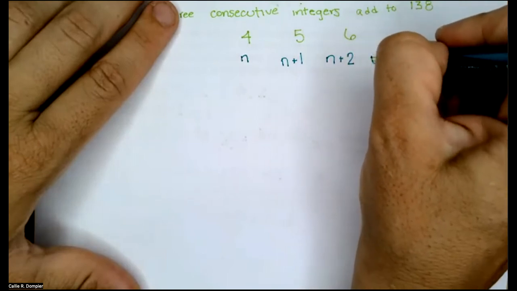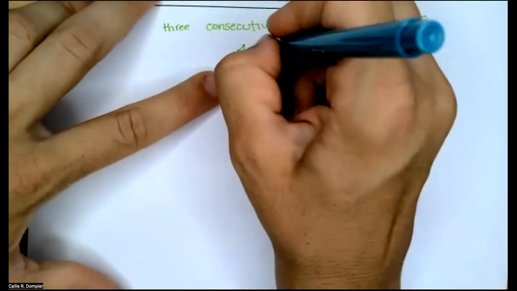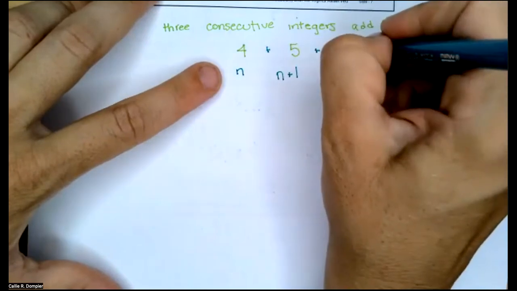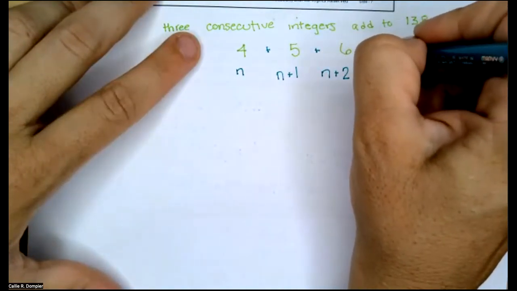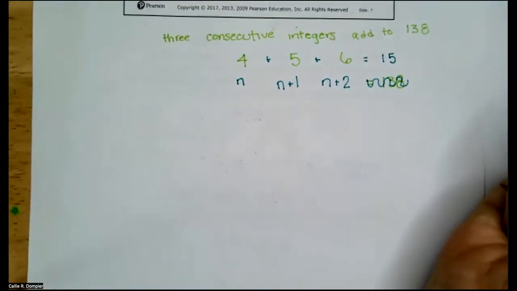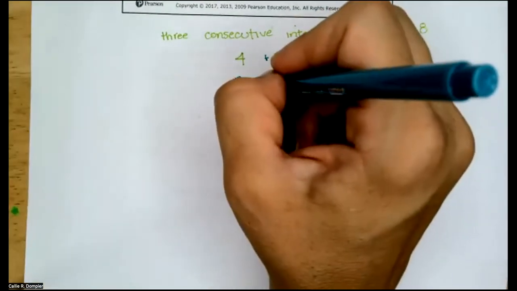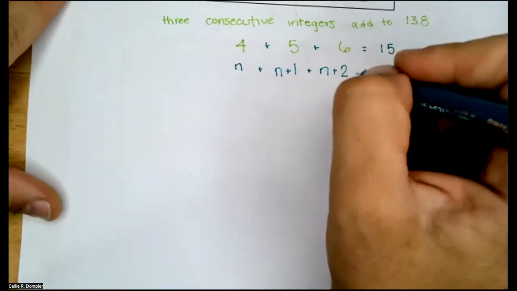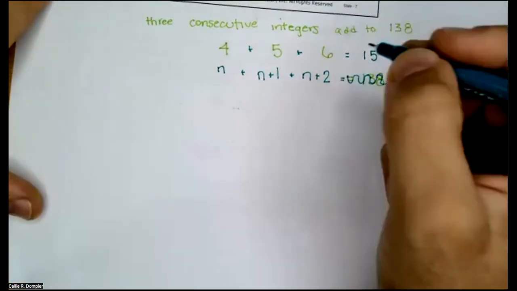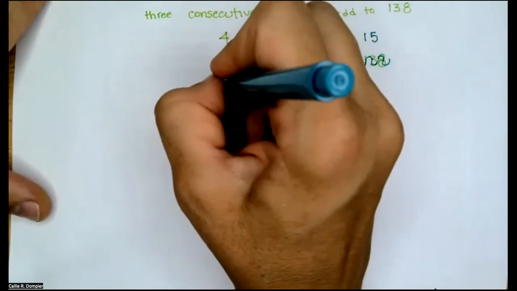I got ahead of myself with the 138. 4 and 5 and 6 equal 15. n plus n plus 1 plus n plus 2 equals, and you can treat those all separately now.